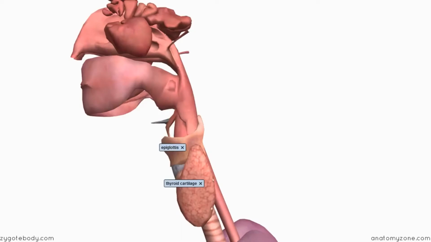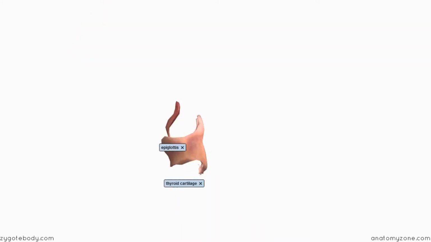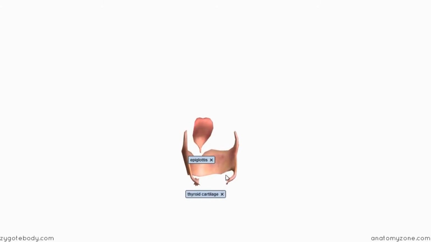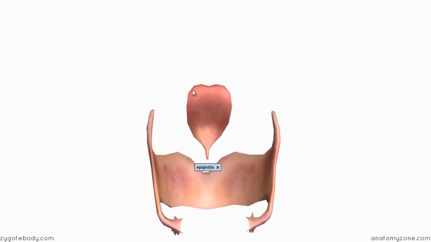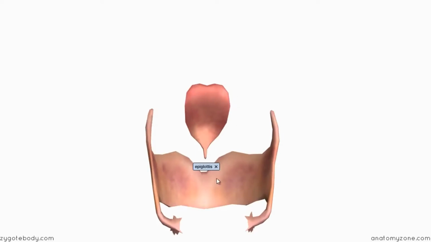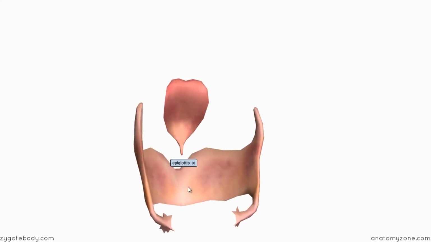If I isolate the epiglottis and the thyroid cartilage, you can have a look at the relationship of these two structures. Firstly, you can see the shape of the epiglottis. It's leaf shaped and it has a stem. The stem is connected to the posterior surface of the thyroid by a small ligament we call the thyroepiglottic ligament, because it connects from the thyroid to the epiglottis.